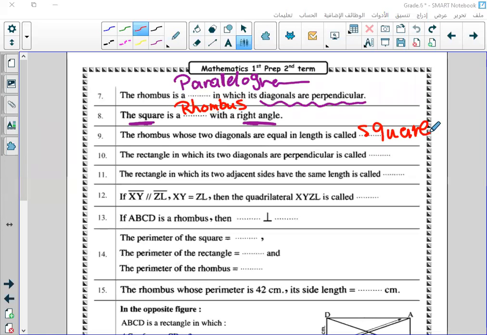Okay, we will explain it. The rectangle in which its two diagonals are perpendicular. Square. Excellent.